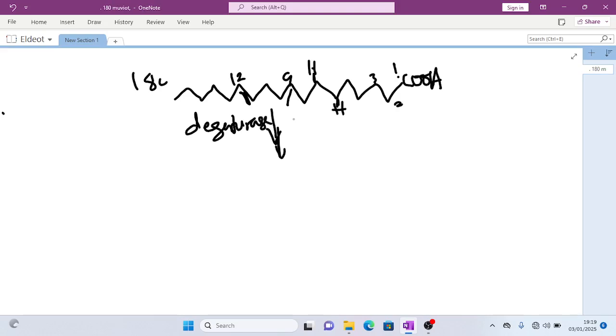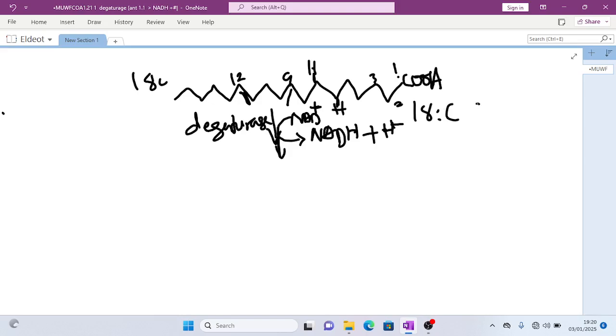So this desaturase enzyme makes use of NAD plus to abstract two protons here. So we get NAD plus, NADH and H plus. So we started from linoleic acid, which is an 18 carbon acid with two double bonds, one on carbon 9 and the other on carbon 12.